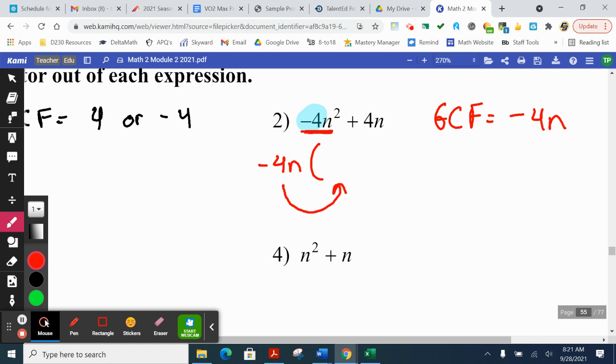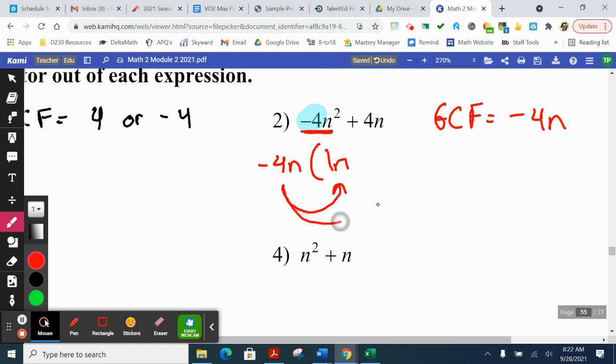Armando? Okay, good. I'm going to put a 1. He just put n, which is 100% correct. But just so we can kind of understand, negative 4 times 1, wouldn't that give us the negative 4? And then we had 2 n's, and I pulled one of them out, so I'd only have an n left over. So the 1 isn't critical. That's why Armando just said an n. I like putting the 1 so that we know that those two give us the negative 4, though.